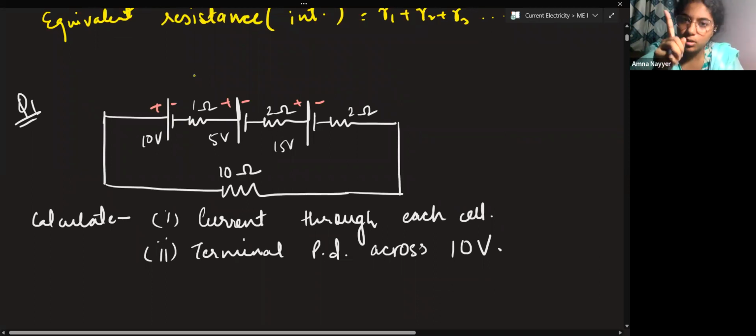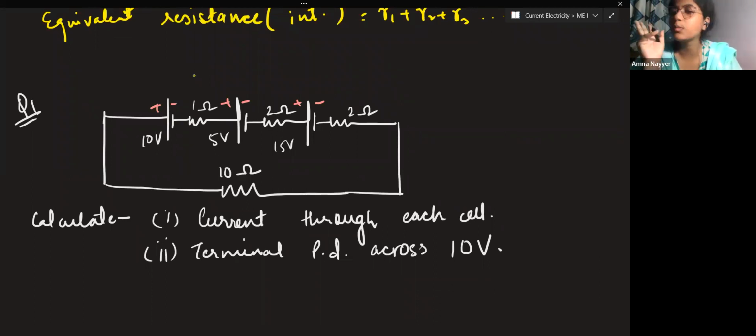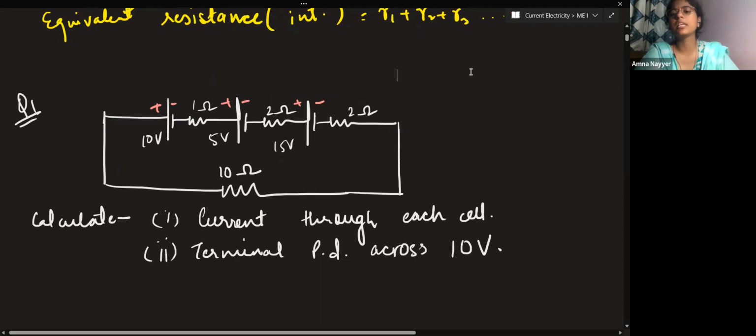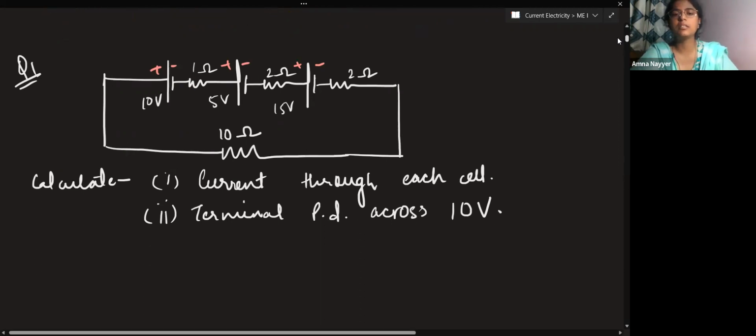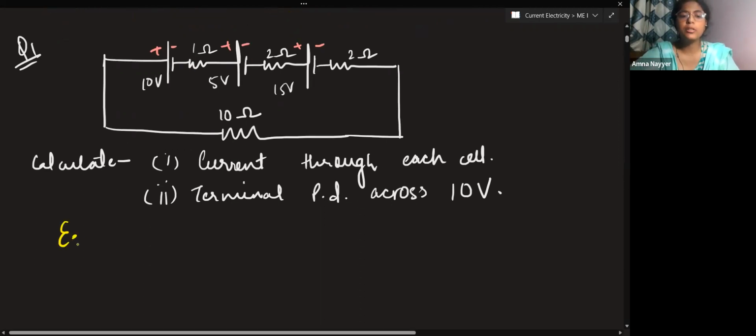Internal resistance of the second battery is 2 ohm, and the last one is also 2 ohm. You have to find out current through each cell. We use the same formula that we have just studied. So first, obviously, you have to write equivalent EMF. Equivalent EMF will be the sum of all the EMFs that are present. So this becomes what?